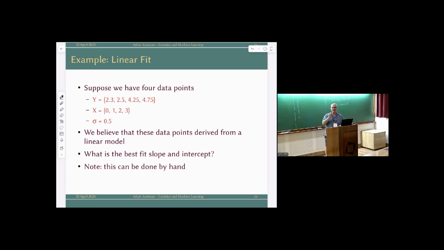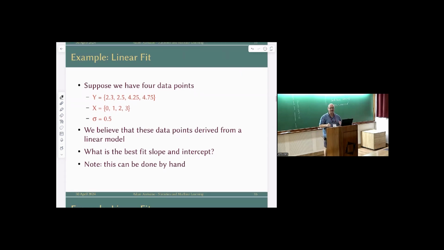Our x values are just 0, 1, 2, and 3, and our sigma is 0.5. We believe that the data points were derived from a linear model. We want to know what the best slope and intercept is. I would like you to do this by hand. You could of course type this into ROOT and fit it, but I would like you to do it by hand because it turns out it's actually very easy, and you should know how to do that.